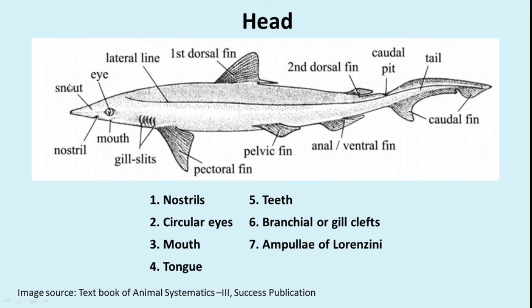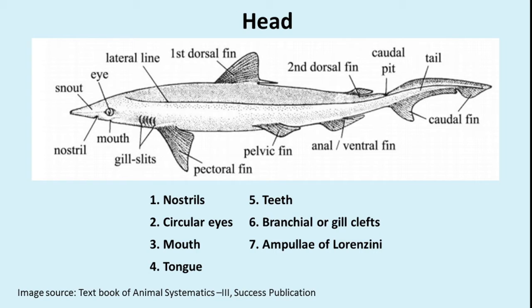Now this is the head of the Scoliodon. If you see, it is dorsoventrally flat and it terminates anteriorly into a wedge shaped snout. This particular region is nothing but the snout. The dorsal and ventral side of the snout bear specialized thermoreceptor organs called ampulla of Lorenzini.